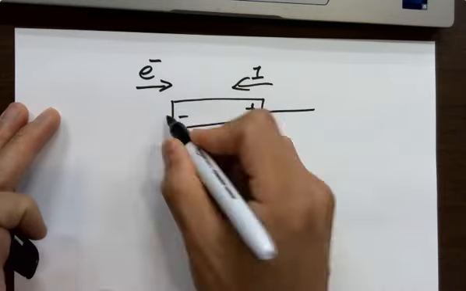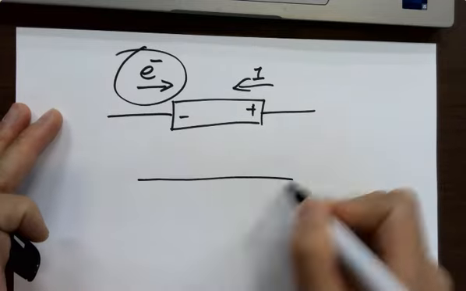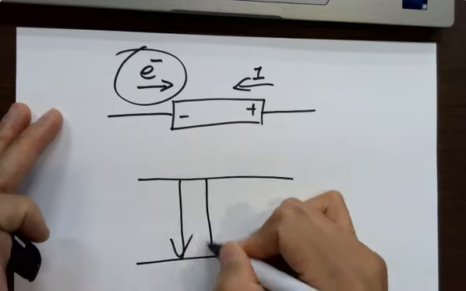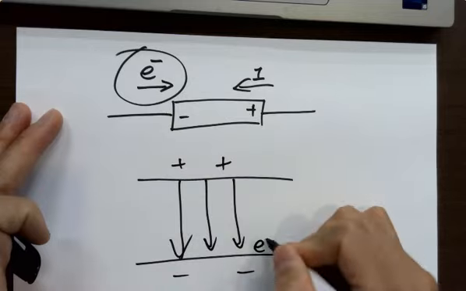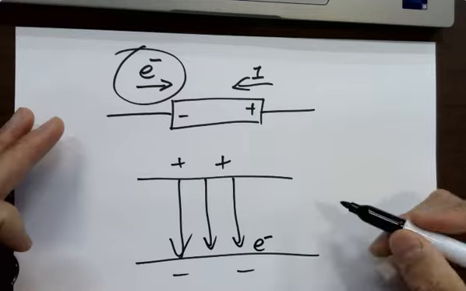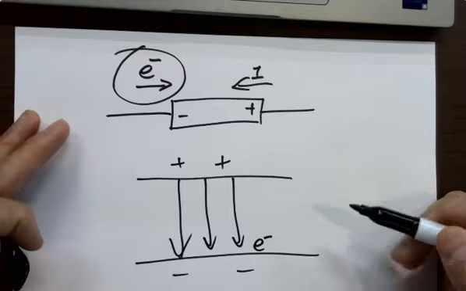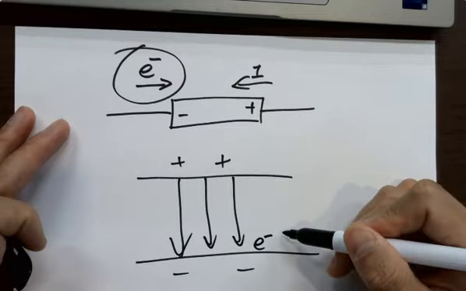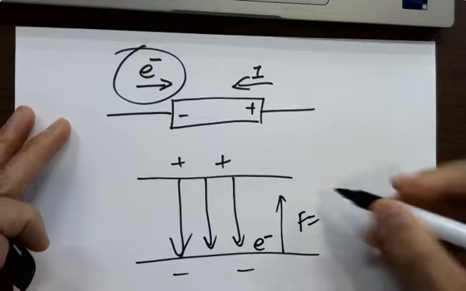Let's not talk about voltage for now because it's asking about the energy of the electron. If you draw an electric field like that, plus and minus, when the electron starts moving, where is the force applied? What's the direction of the force applied to the electron? That way, right? So force equals what?